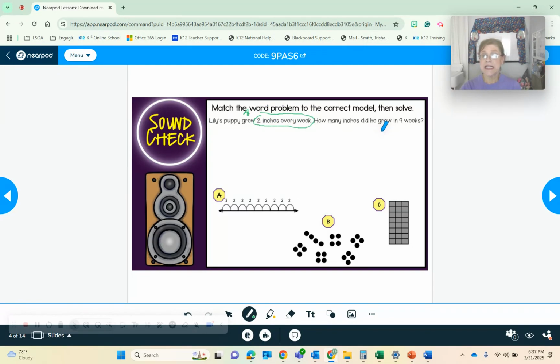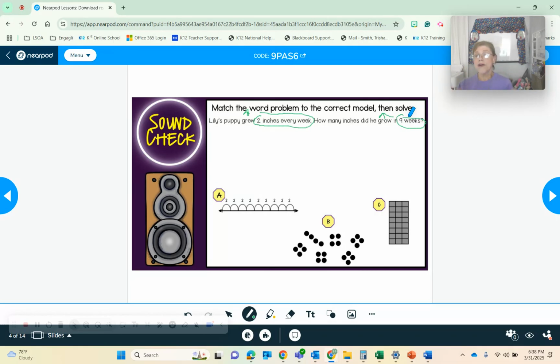How many inches did he grow? There's that increase again, so I'm going to put that up arrow again. In 9 weeks. So we're looking for this increase, this growth over a period of time. What is that period of time? Is it 2 days? Is it 9 days? No, it is 9 weeks.